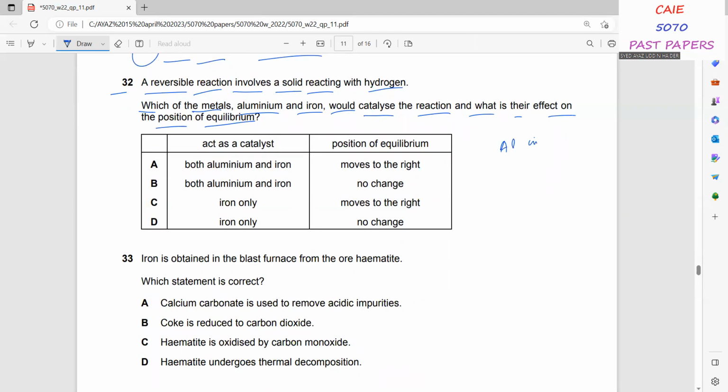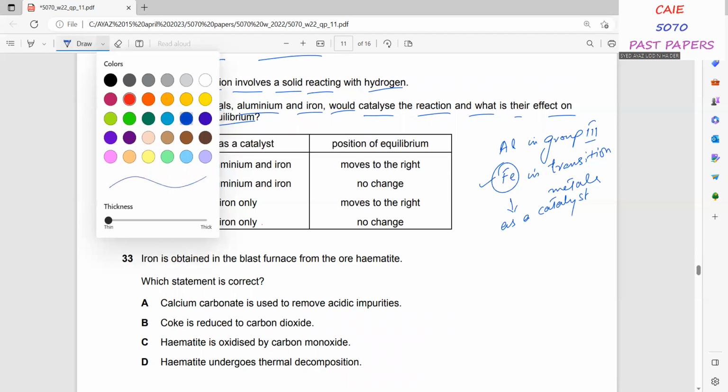Aluminium is in group 3, iron in the transition metal group. So iron can be used as a catalyst. We can't use aluminium as a catalyst. So automatically choice A and B are incorrect.